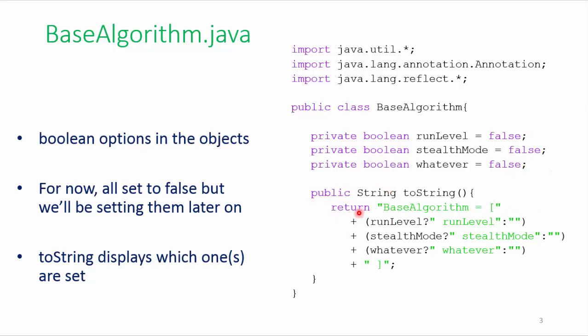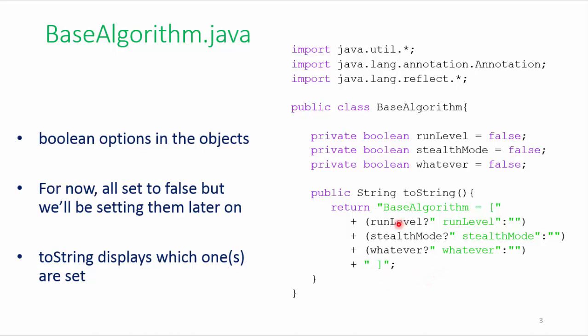And then the only feature really of that base algorithm is the toString method that we override. It returns a string that contains the name of the class, equal, then an opening square bracket and a closing square bracket at the end.